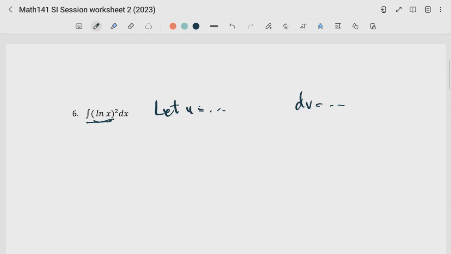So now we have two options, either u-substitution or integration by parts. Which one do you think we should use here? U-substitution. Right. And if we do, what should we substitute u with? So what type of u-substitution should we use?